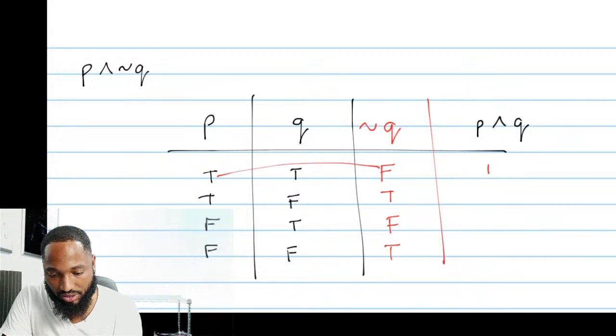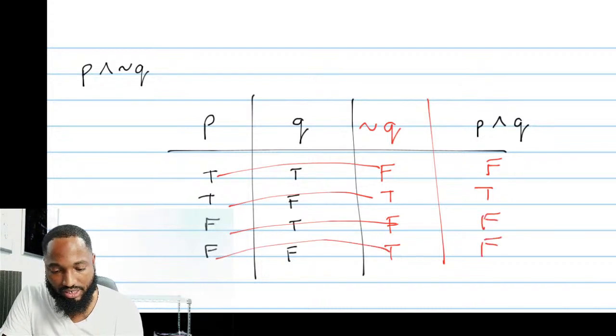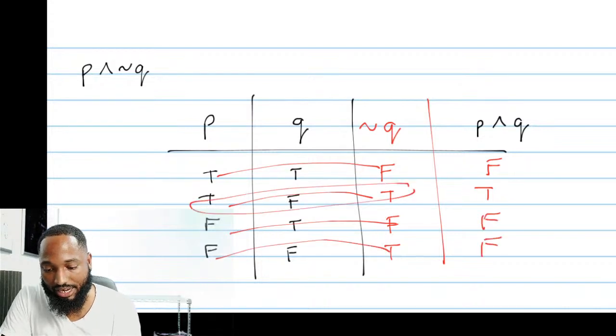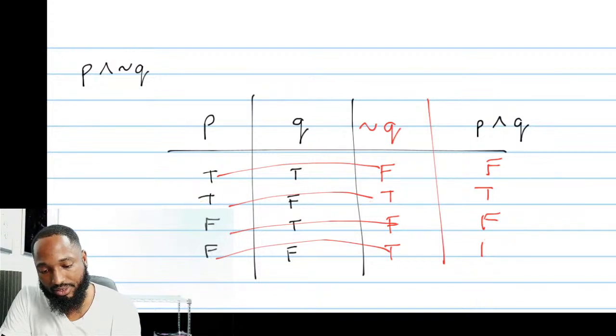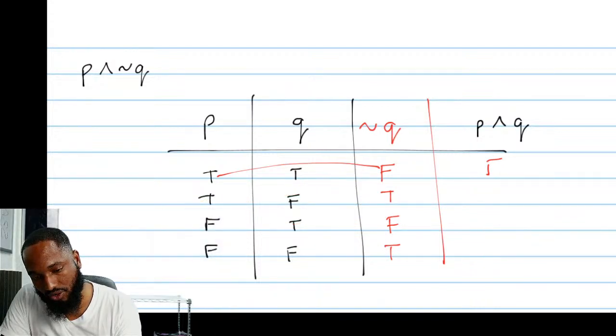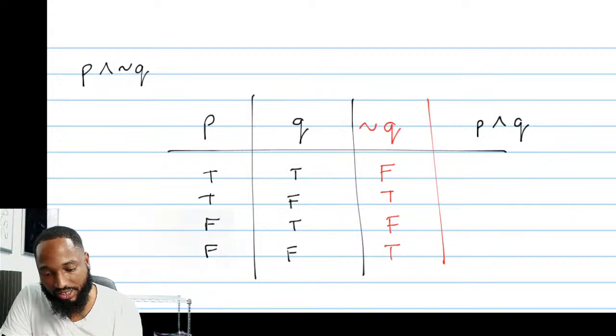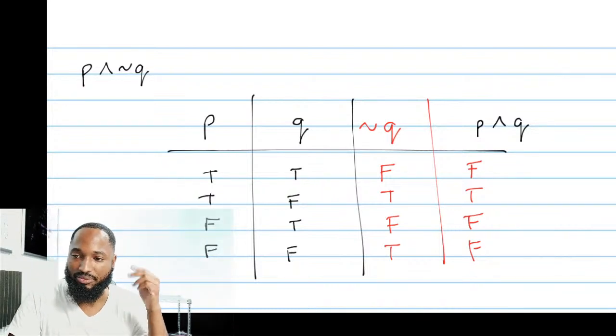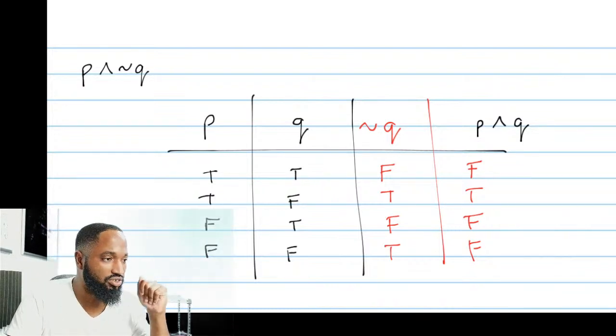So false, true, false, false. You understand why I get true here? Because of the and I'm looking at. So false, true, false, false. If they wanted it in order, like based off of the table there, they'd have been marking for order. But this is the result we get.